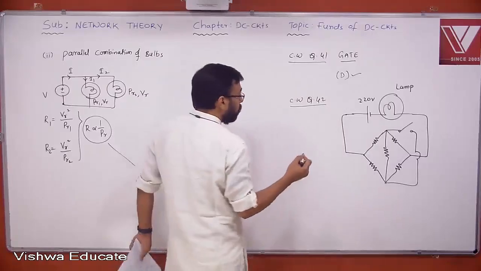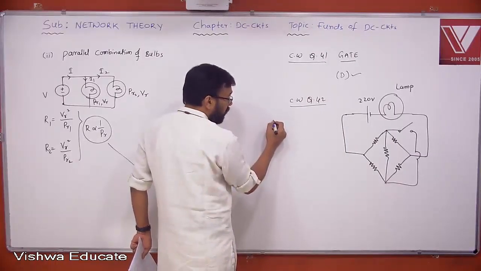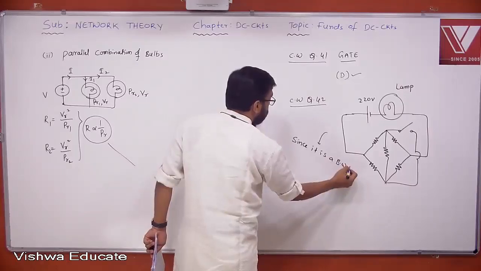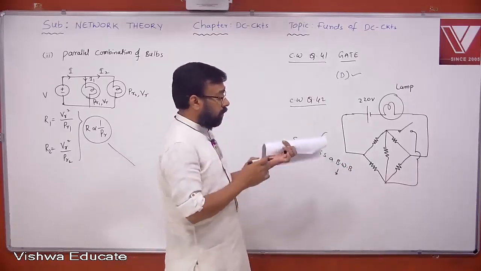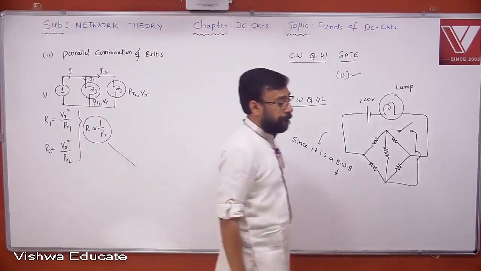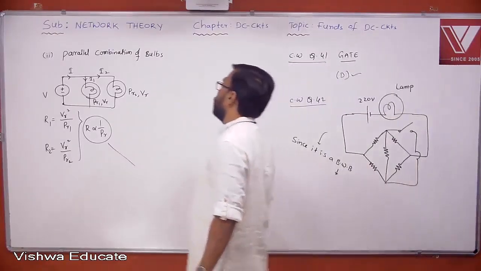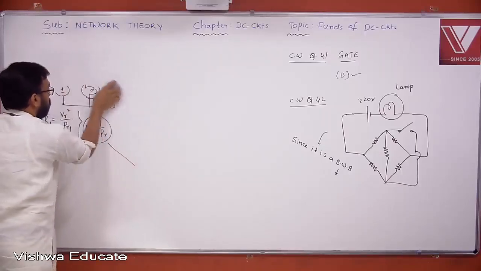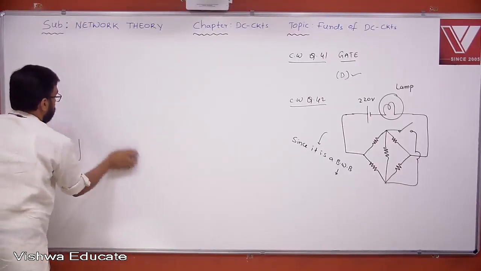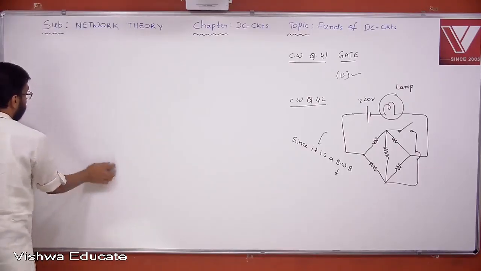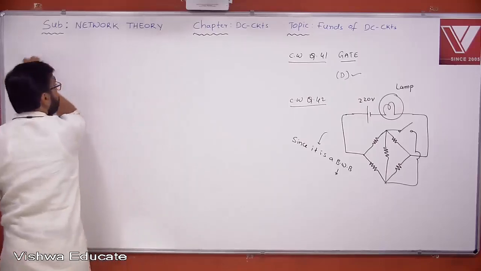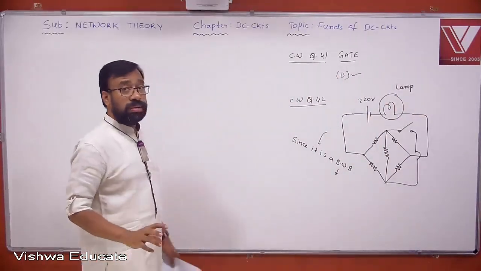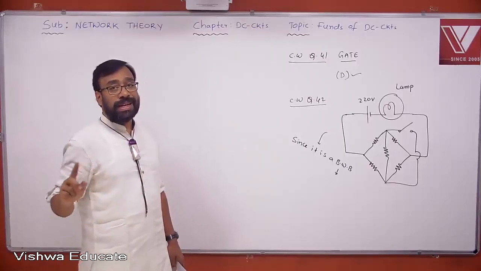So please write down here. Since it is a balanced Wheatstone bridge, the current through the lamp, the power consumed by the lamp, and hence the intensity of the lamp will remain the same for both switch open and closed conditions.